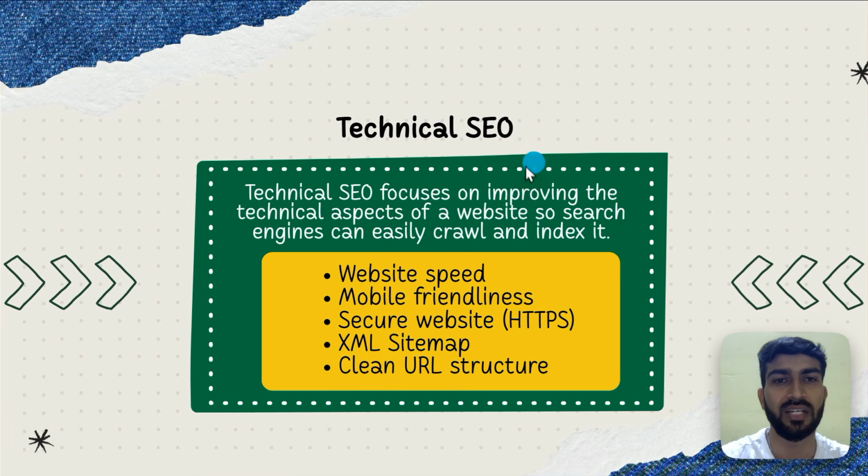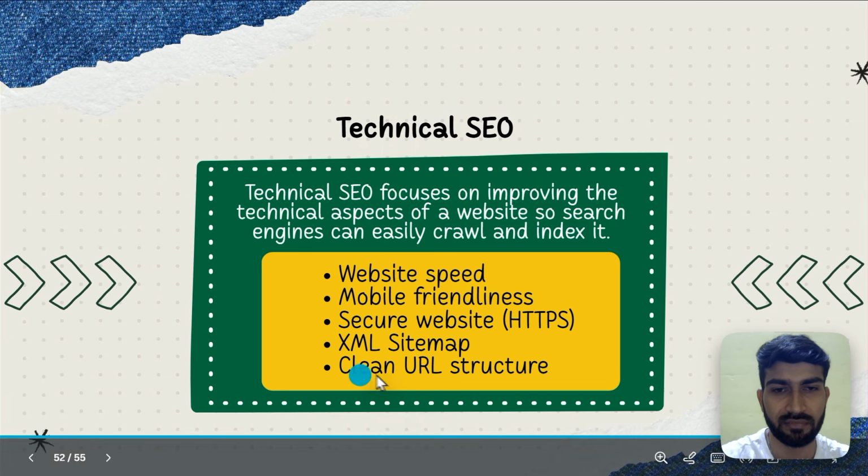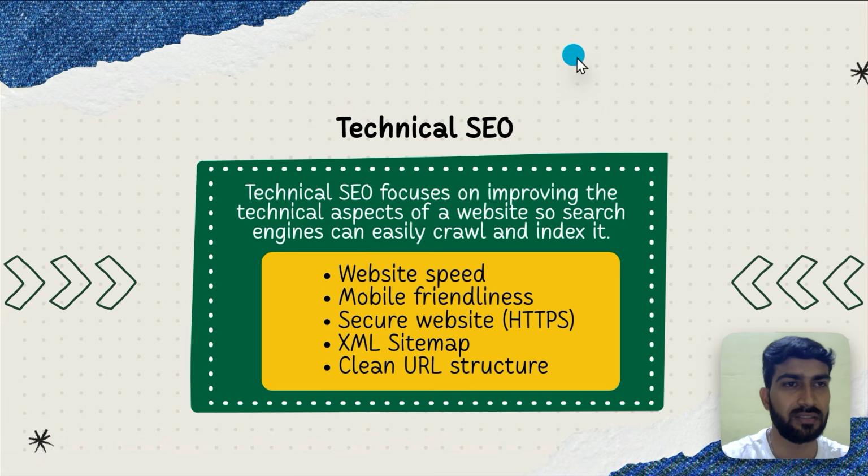Google will prioritize a URL that is very structured and very clean. Okay, so this is about technical SEO. These we can also check in Rank Math in WordPress. It will give us some suggestions and we will make changes accordingly.